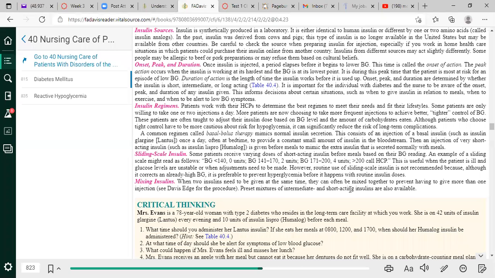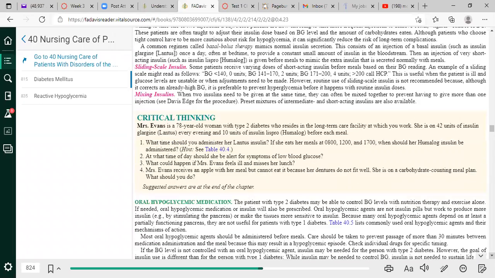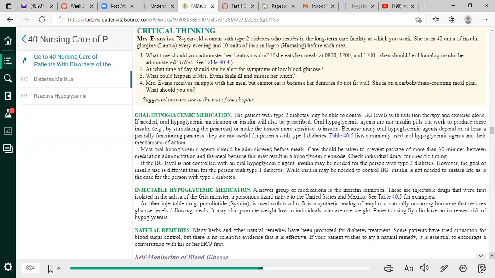And there are some insulins that you may actually have to mix. Nowadays it's becoming already mixed, but there are some insulins that you will have to mix. It talks about oral hypoglycemic medications. Oral hypoglycemic agents are not insulin pills.